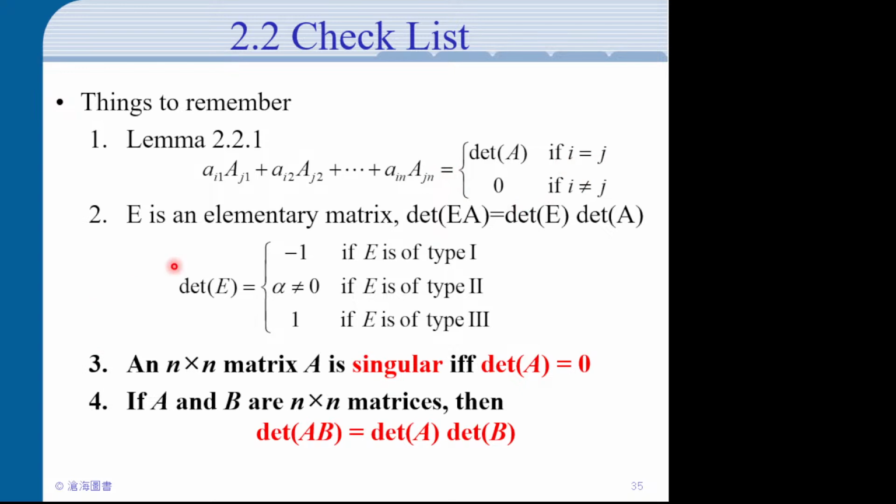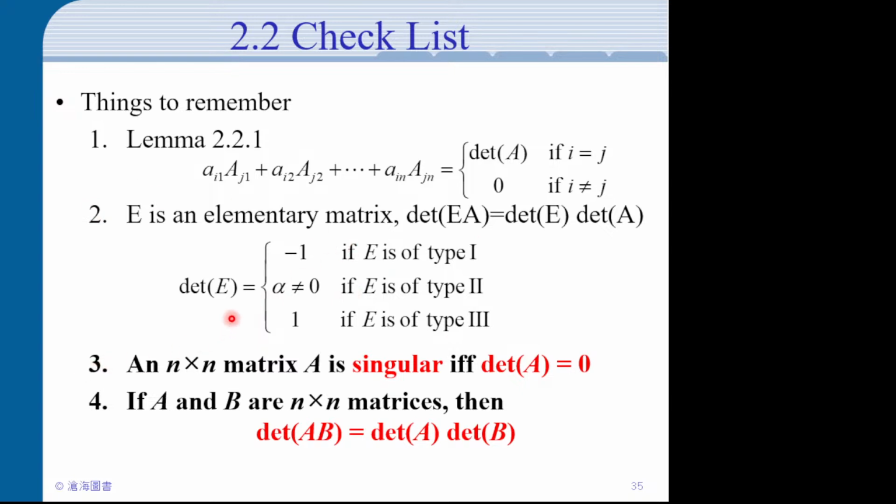And then we see that the determinant of elementary matrices is equal to -1 if it's a swap, and alpha if you are multiplying a row by alpha, and it's 1 if you do addition or subtraction of a row. And so from here, you can also go the other way. From determinant EA equal to determinant E times determinant A, then you know how each row operation will change the determinant of matrices.